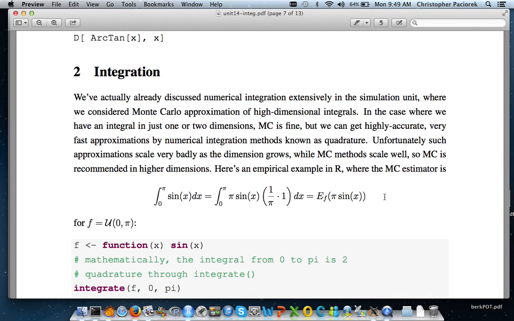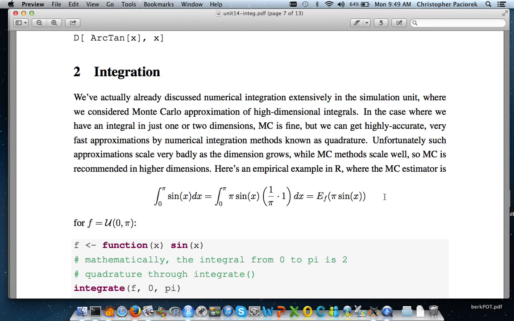But in terms of Monte Carlo expectations, what do we get? Well, we get some expected value. From the simulation unit, we know we can get a Monte Carlo estimate for the expected value under some distribution f of some function h of x.